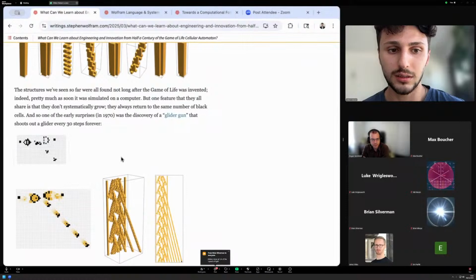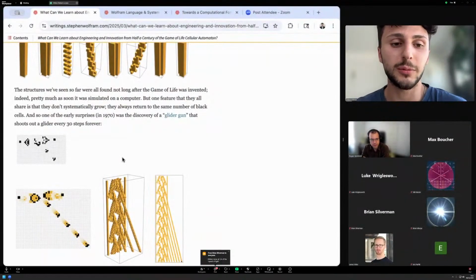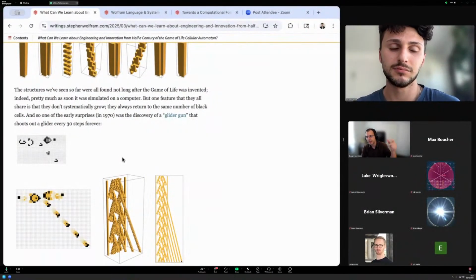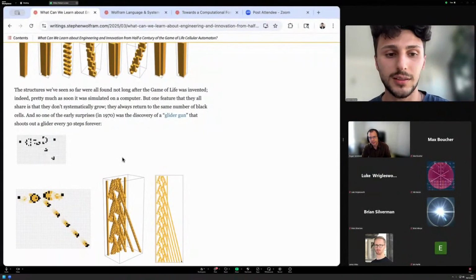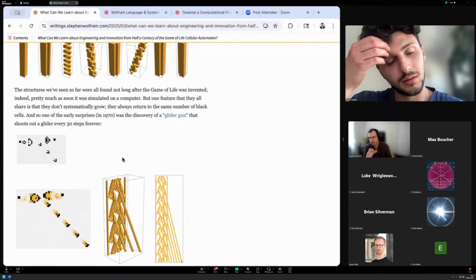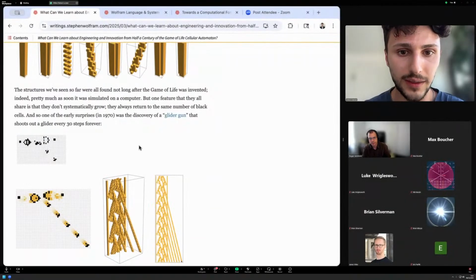More specifically, what do you mean about the speed? Different gliders have different velocities, or you can take the number of iterations before they show up again. Right. Okay, yeah, I think we can see that.